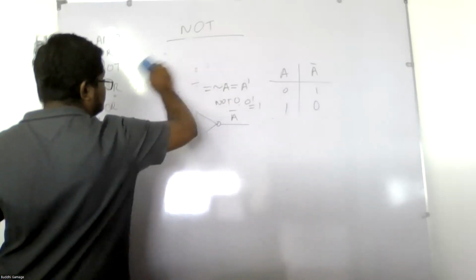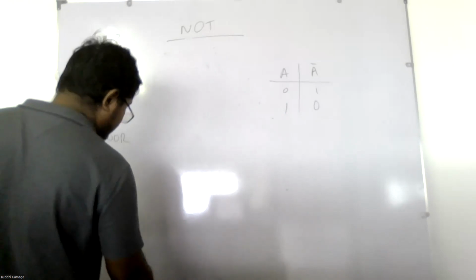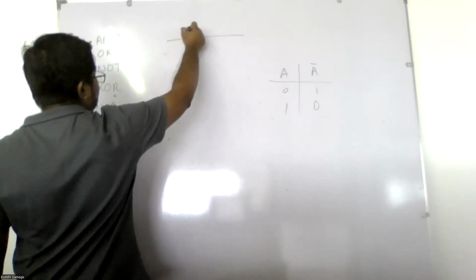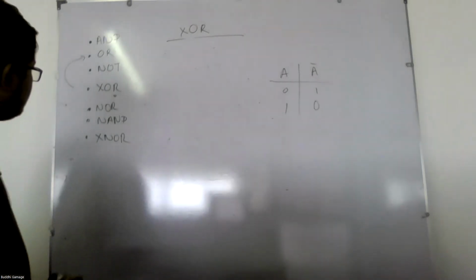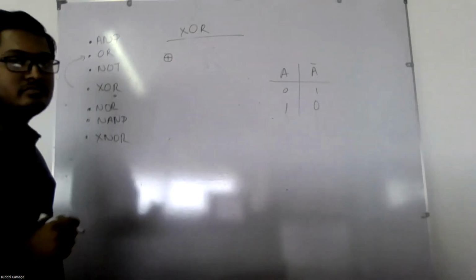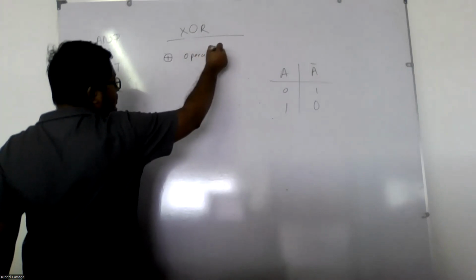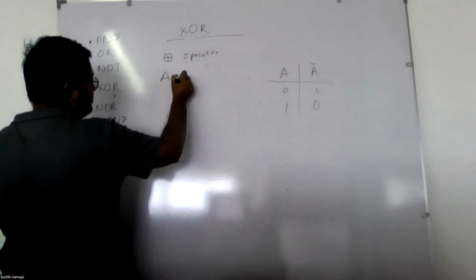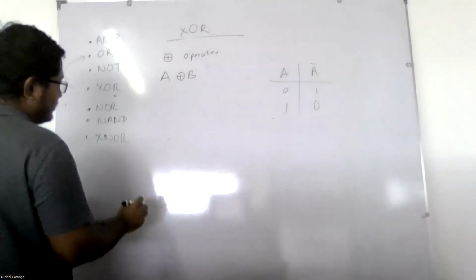The next operator is XOR. This is the symbol for the operator, and we can write it in this way: A XOR B in the circuit.